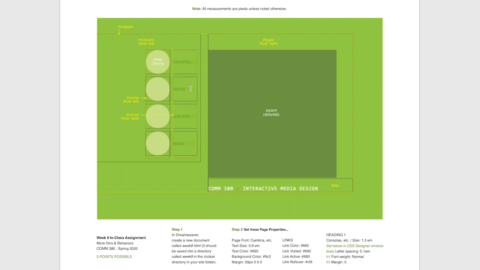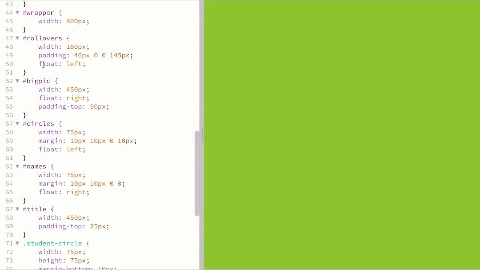All right, and you see here the rollovers and big pick are next to each other, and that is the reason why both of these have been given a float. So the rollovers will float to the left, and the big pick will float to the right. And so that keeps me from needing a margin in between the two boxes.